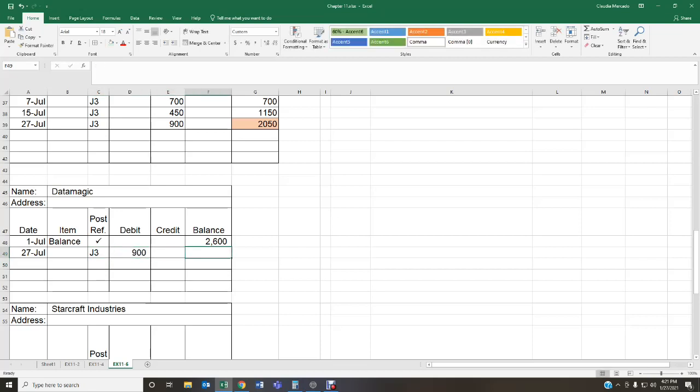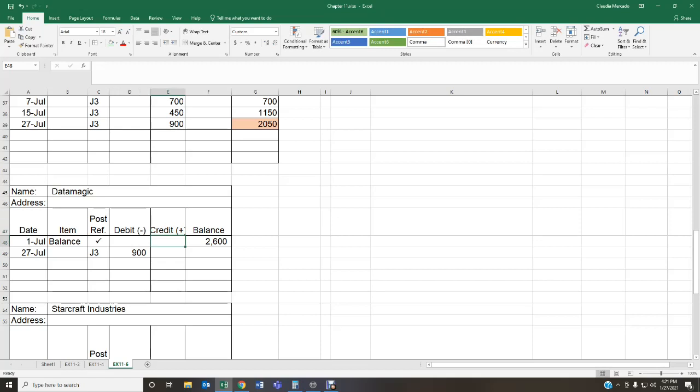Okay, so my normal balance on my accounts payable, it's a liability. So the normal balance is a credit. Whenever we have a debit we subtract. Let me put here, a debit we subtract, a credit we add.